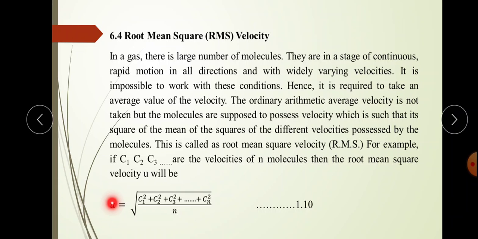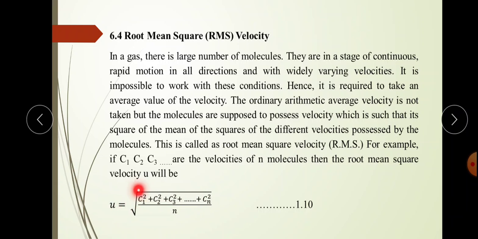For example, C1, C2, C3 etc. are the velocities of n number of molecules, up to Cn. Then the root mean square velocity, that is U, can be written as the square root of the mean of squares of velocity.